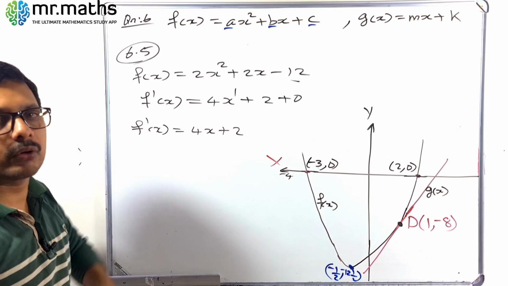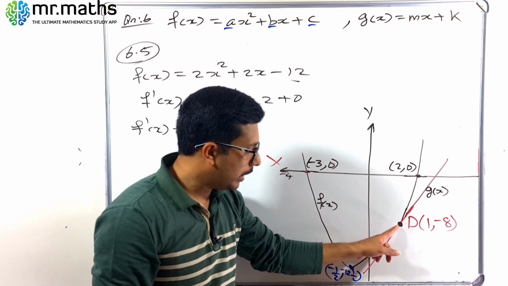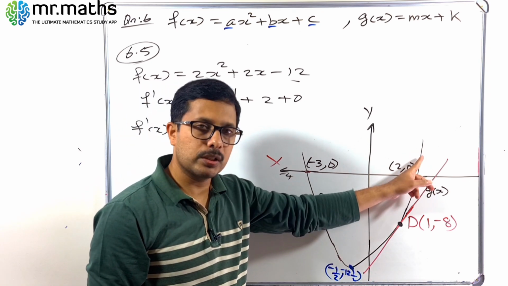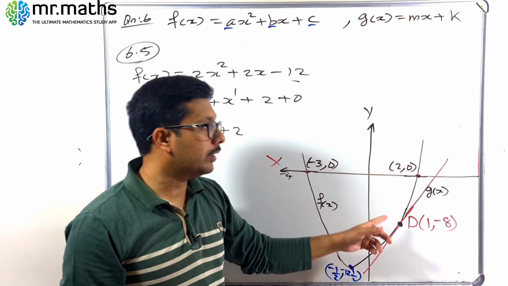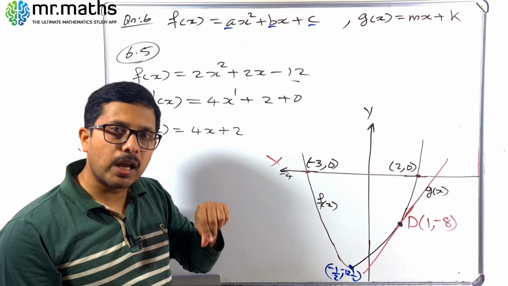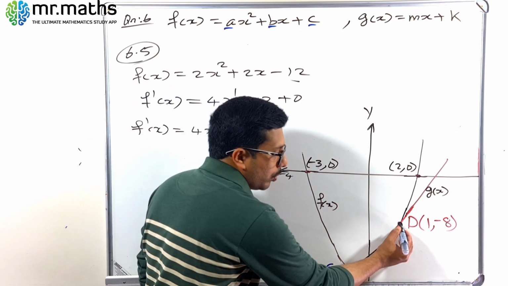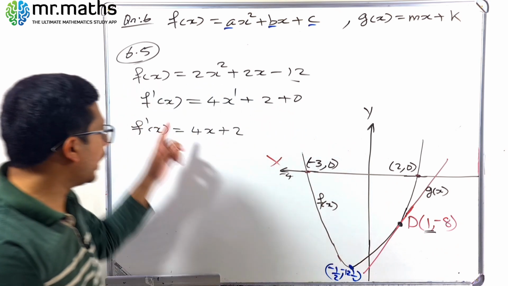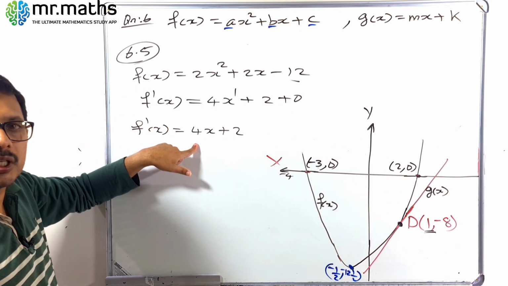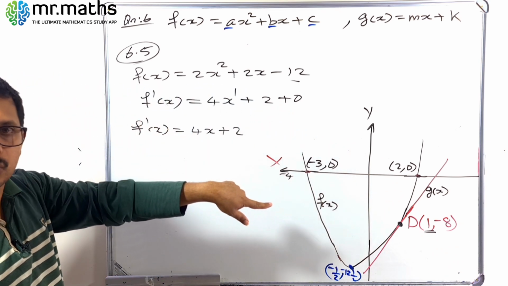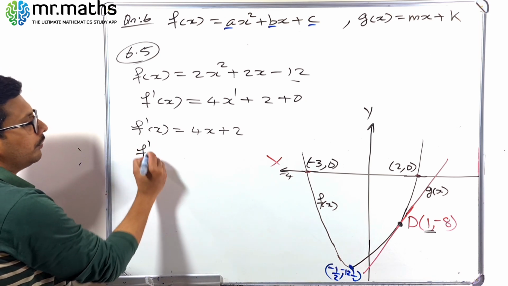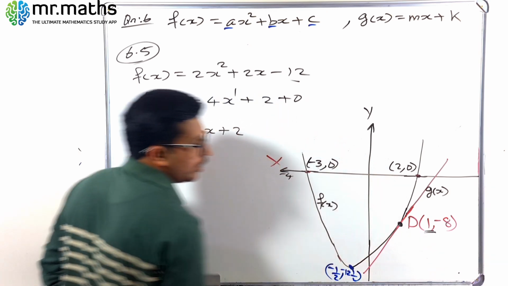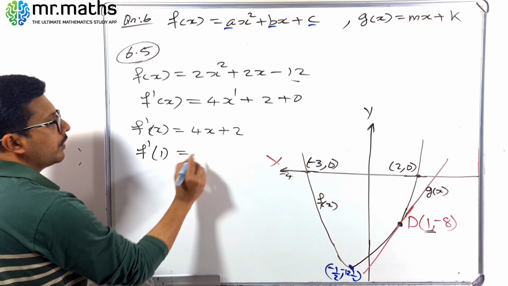Now do you remember how to find the gradient of a tangent? First you find the derivative of this equation, this graph, then you substitute the x value of that point. What is the x value of this point? It is 1. So in this derivative, substitute the x value as 1.